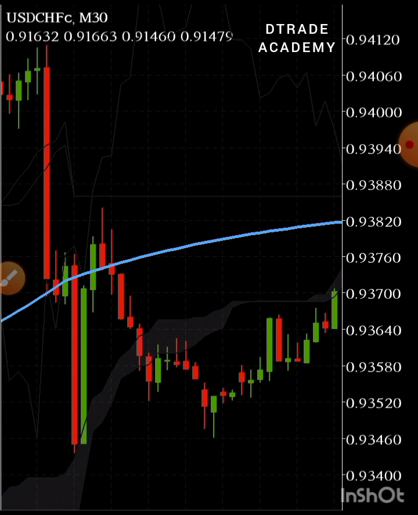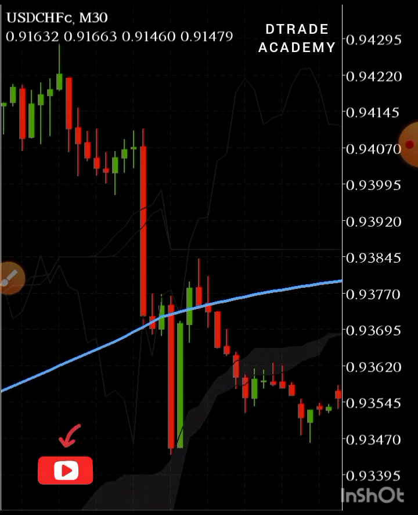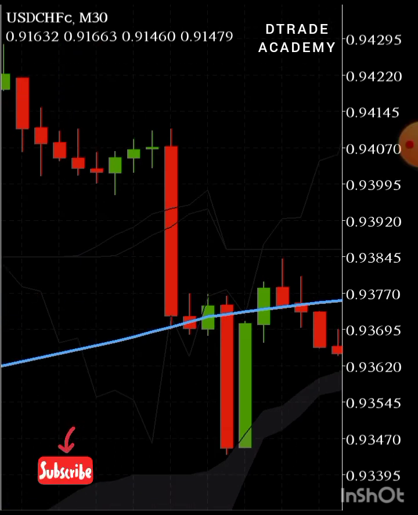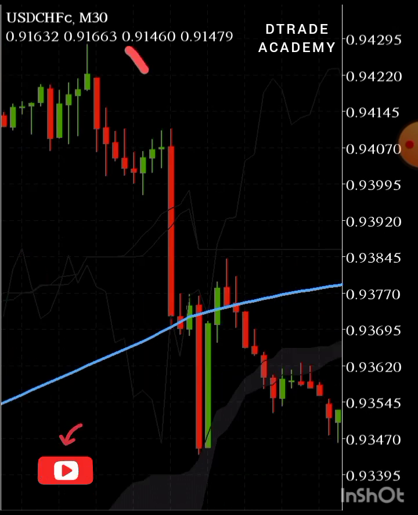And what follows is a rapid move out of those areas. Whenever you see the market, when you look at this, you can see how this market dropped all the way from here.